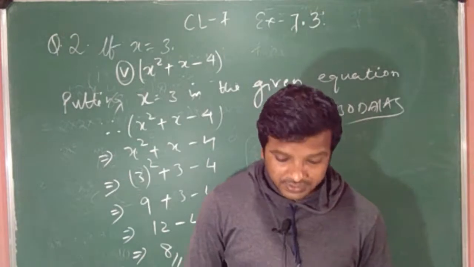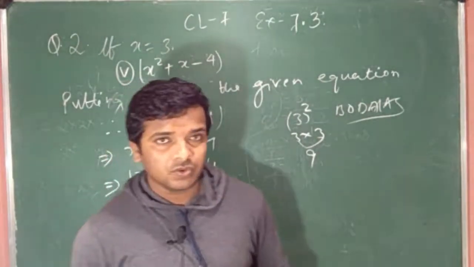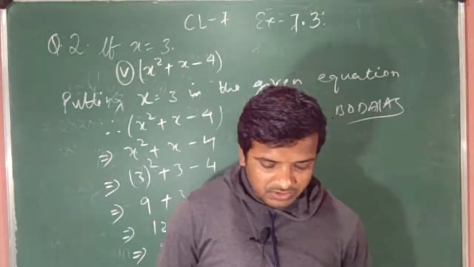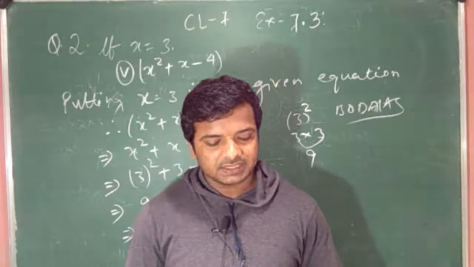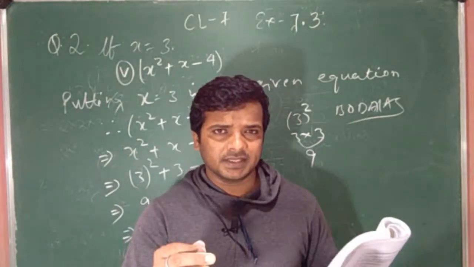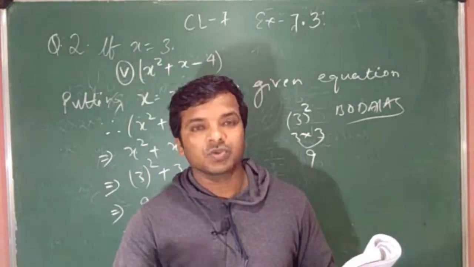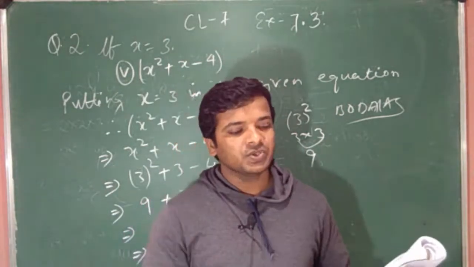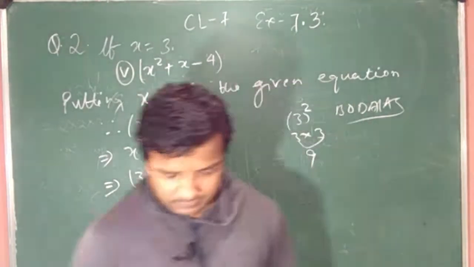So please be careful. Now let us do question number 3. Find the value of 6x square plus 2x plus 1 when x is equal to 1, x is equal to minus 1 and x is equal to 0. That means we are going to do 3 times, 3 Romans.